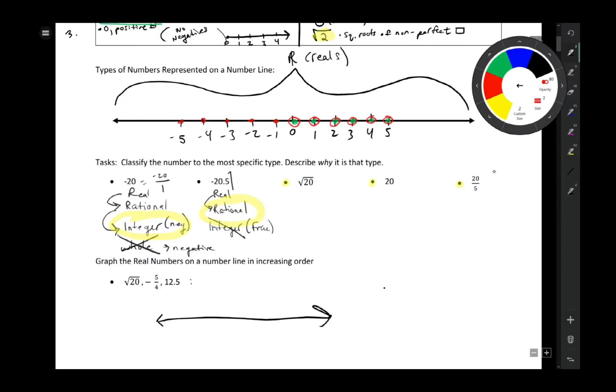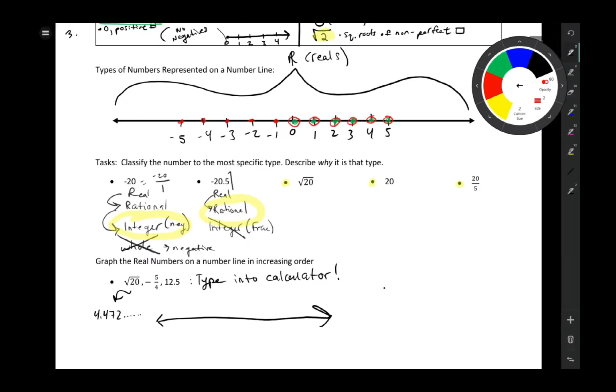Type into your calculator to get them all in the same form. So square root of 20, let's see, my calculator here is really about 4.472, and it goes on forever and ever and ever, okay?